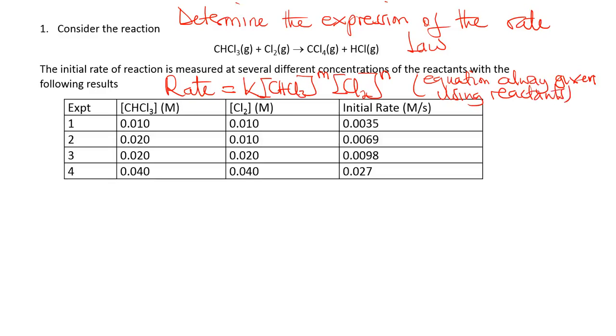So let's see what we have here. You have conducted an experiment and you are given concentrations. So you have several experiments: experiment 1, 2, 3, and 4, with different concentrations of CHCl3 and concentrations of Cl2. And these are what we call initial rates of reaction. So these are the results of the rates of reaction.